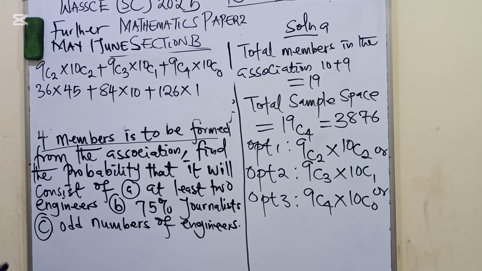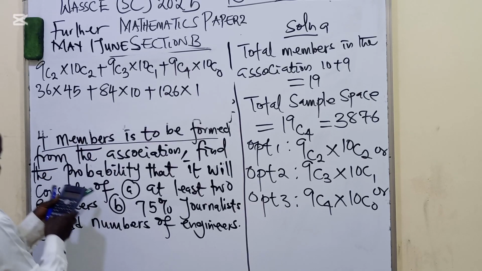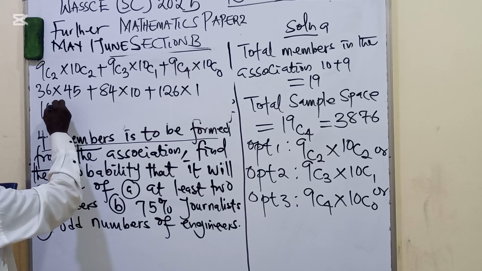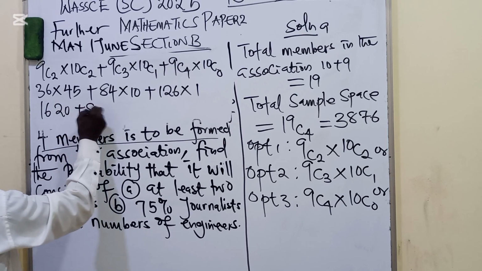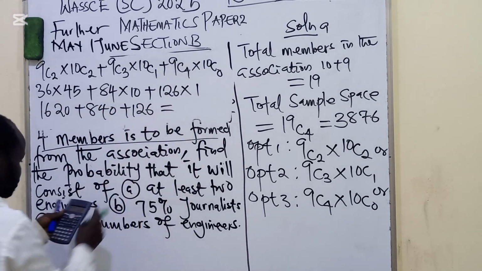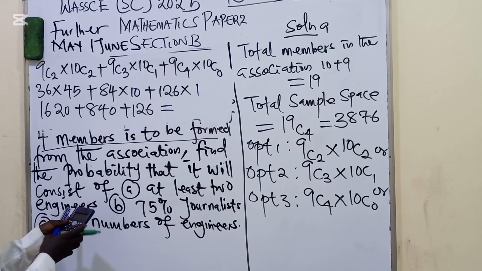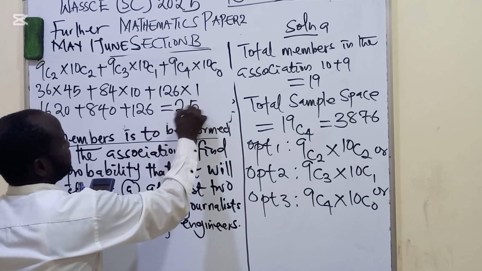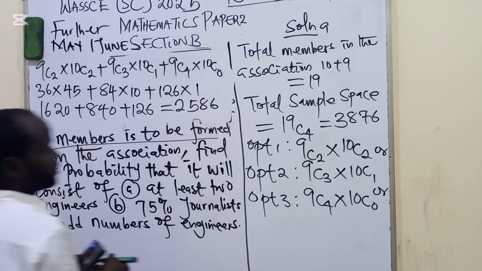Next thing to do is to multiply before we add. 36 times 45 is 1620, plus 840, plus 126. That will be 2586. This will be the required outcomes.